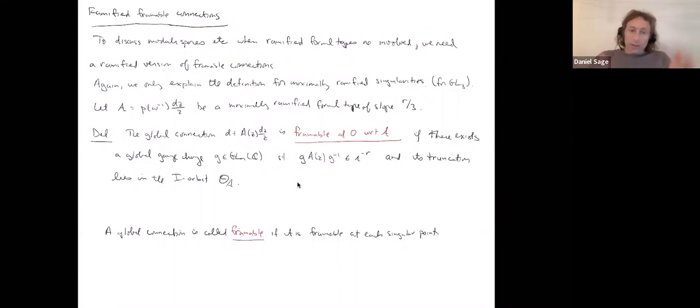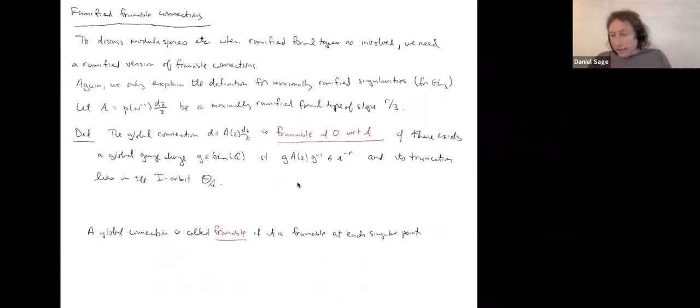Just like in the Fuchsian case, where we had to reduce from all connections with regular singular points to just the Fuchsian ones, here we reduce to the frameable ones. It's essentially a way of saying that the singularities at each of the points play with each other fairly nicely.